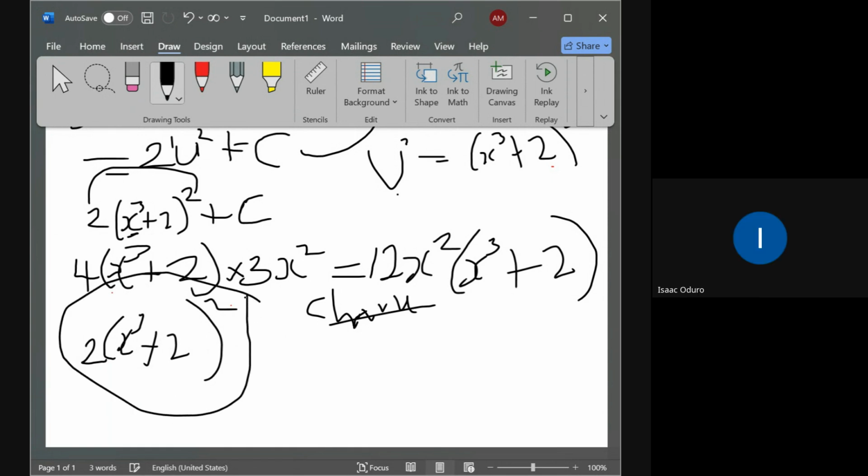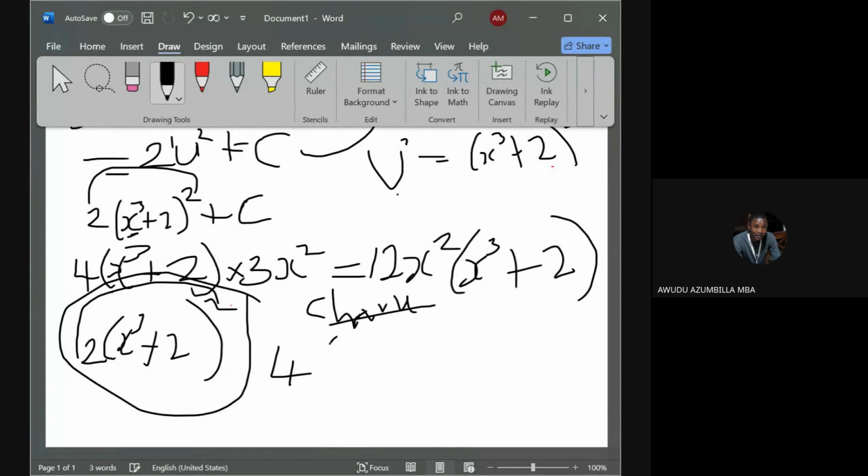Then you go in, you multiply it by the differential of x itself, or the variable of interest, because this is a composite function. It's a function within a function. So you have to differentiate them separately. So if you are differentiating the whole function itself, the whole function itself is raised to the power 2. So you are going to multiply this 2 by this 2, and you get 4.